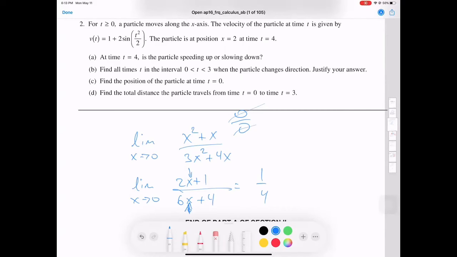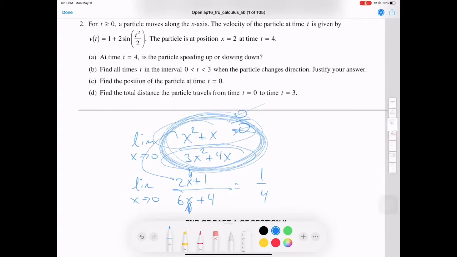So all L'Hopital's rule says is that if it doesn't work with 0 over 0 or infinity over infinity, take the derivative, try again. Don't take the derivative like a division problem. Take a derivative of them separately. Super easy.